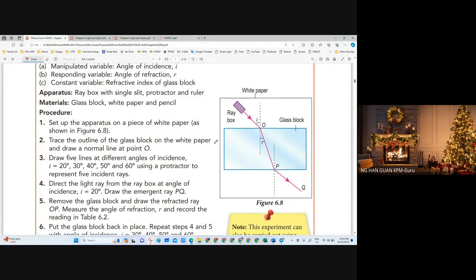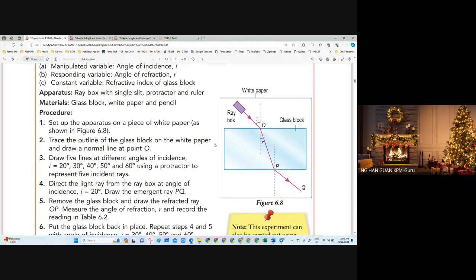The only difference is that we don't really use a ray box, we use pins to identify the positions, which will all be aligned. Because when the light is bending and we make a line, it means that we follow the bending of light. We see the object, we still see the image in a straight line. That's why I use the pins to overlap each other so that they align in a straight line. So from there we know how the light is bending.